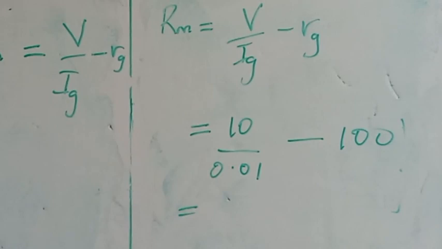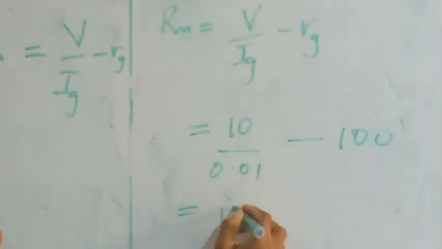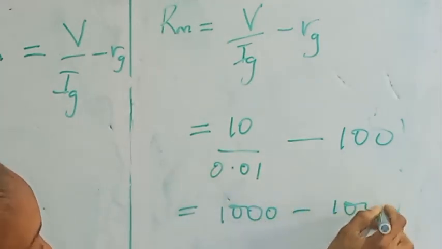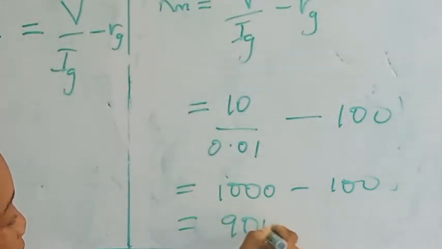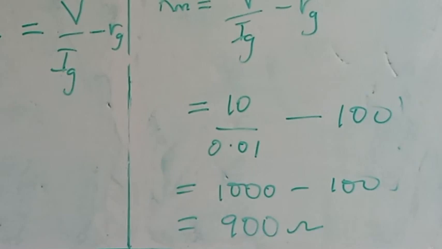So this will go further to give us 1000 minus 100. Our final answer will be 900 ohms.